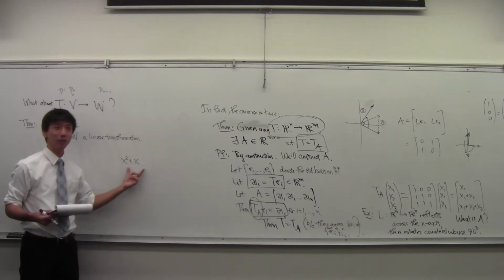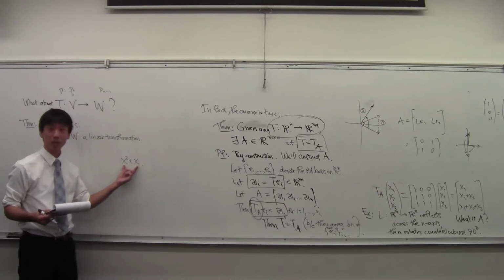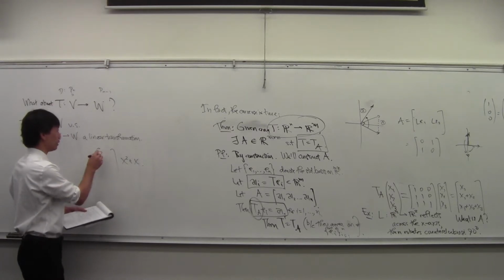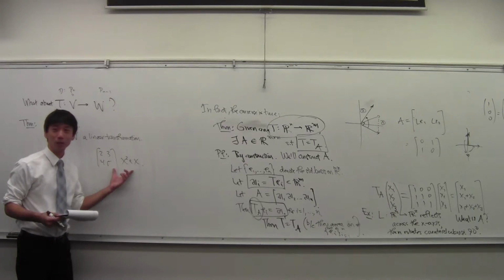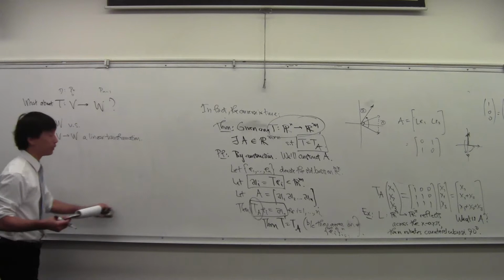That doesn't even make sense at all, right? Because this is not a Euclidean vector. You don't multiply this by a matrix. What does 2, 3, 4, 5 times x squared plus x mean? It just doesn't make any sense at all. So it's not so straightforward.